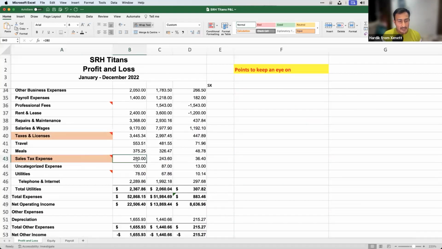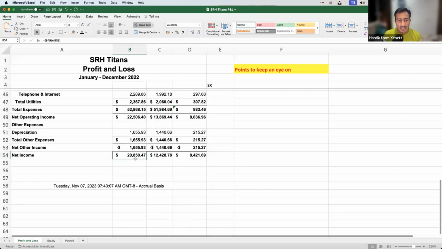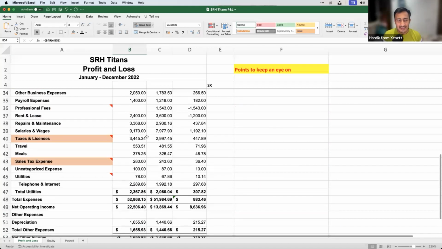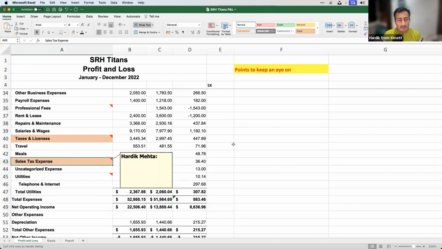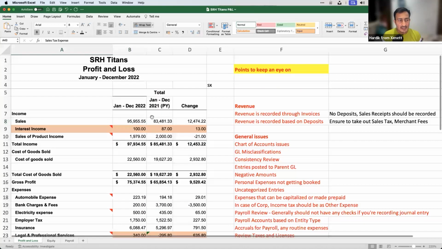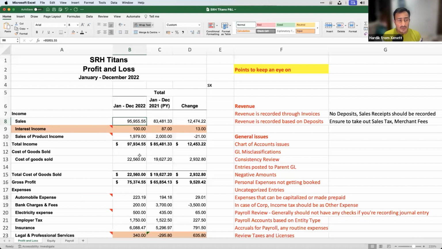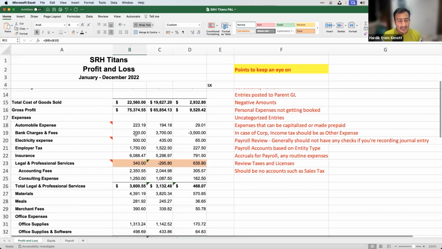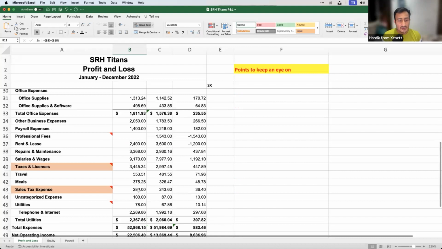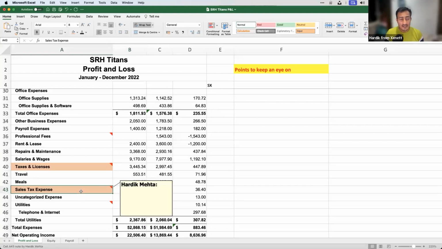Obviously, the net income is not going to be impacted because it gets nullified. But this is not the right way to showcase your revenue, because it includes sales tax, which means your sales is inflated, and this is not your expense, this is your liability, right? So anytime we see an account like sales tax, we need to make sure that this account should never exist in the profit and loss. Okay.